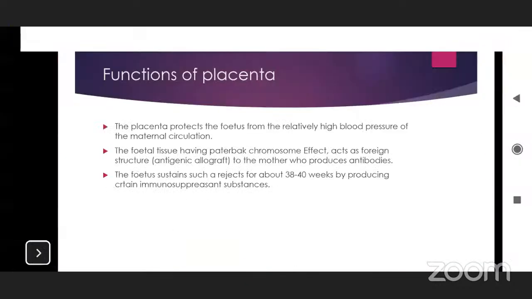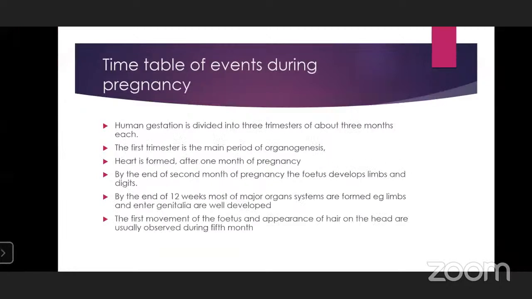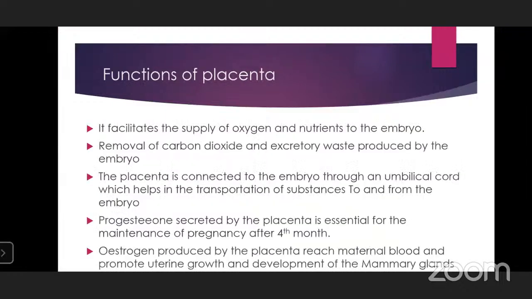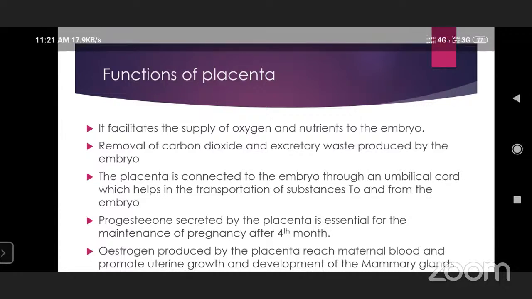Okay. So the functions of placenta. It supplies oxygen to the embryo and removes carbon dioxide and excretory waste produced by the embryo. The placenta is connected to the embryo through an umbilical cord, which helps in the transportation of substances to and from the embryo.